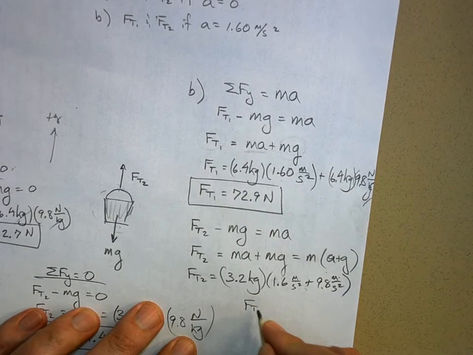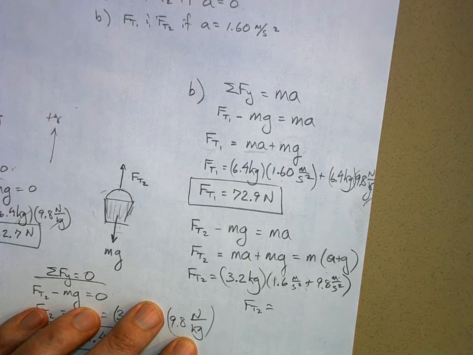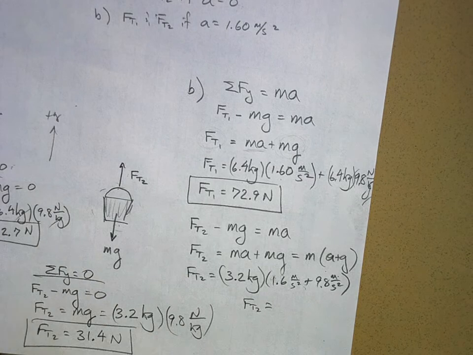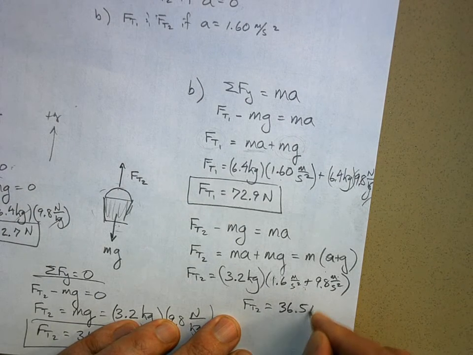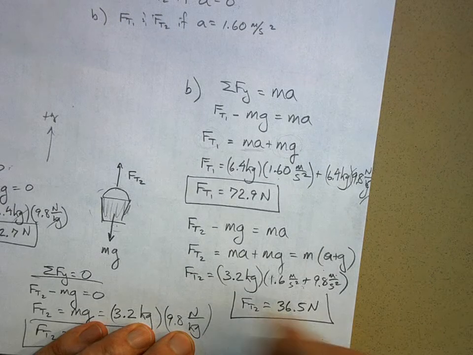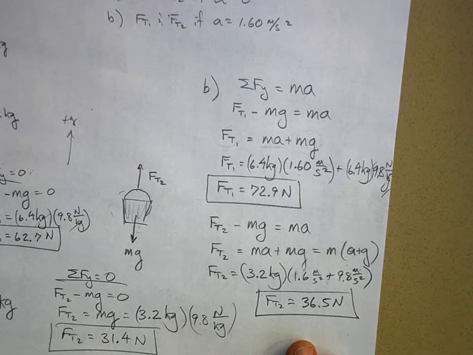So this is going to be equal to, and when you punch that in, you get 36.4 or 36.5 if you round it off. So that's our answer.